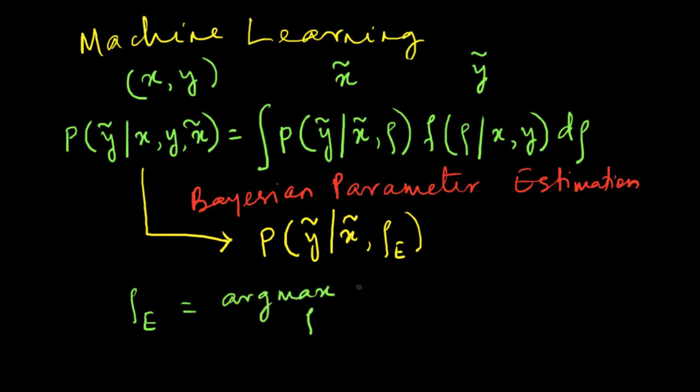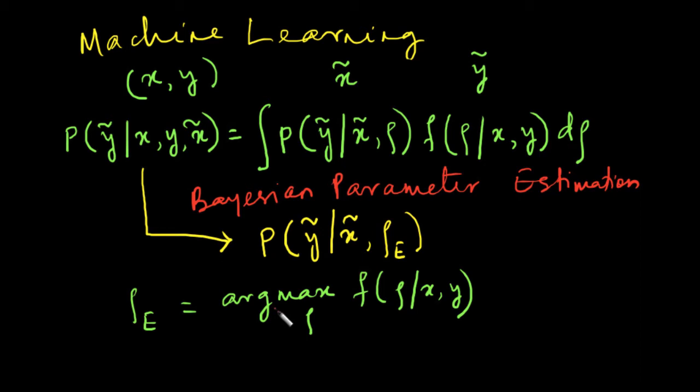What that means is that the parameter value rho which maximizes this quantity. So this is what machine learning is basically all about, to estimate this distribution and to find rho which maximizes the value for this distribution.